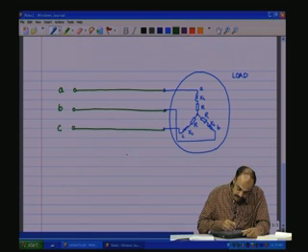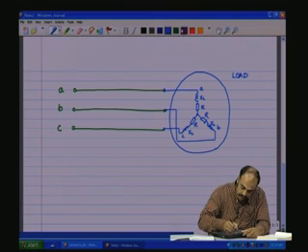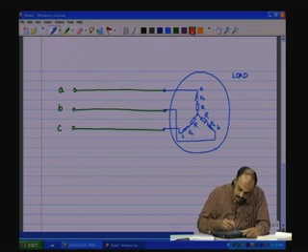So, let us have the capacitors connected in a fashion as shown here.